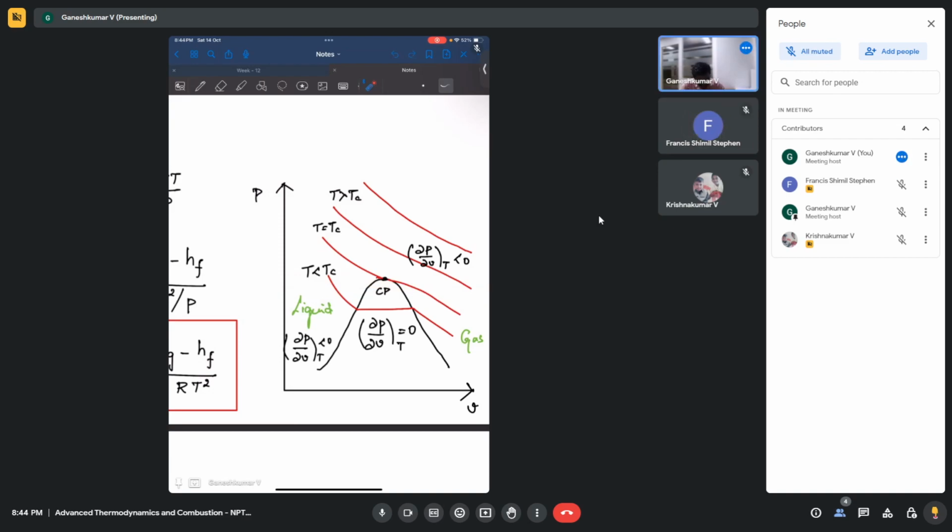Right. As you go above and above this dome, as I said, it reaches closer to the critical state. At this point you cannot really draw a line and say that this is where it will be liquid, and then suddenly it goes to the supercritical stage.